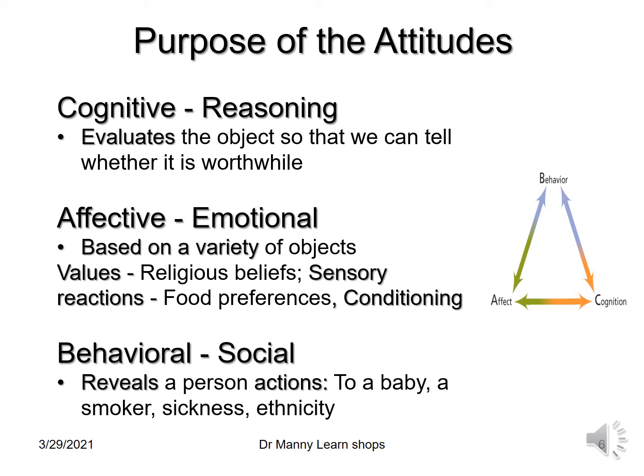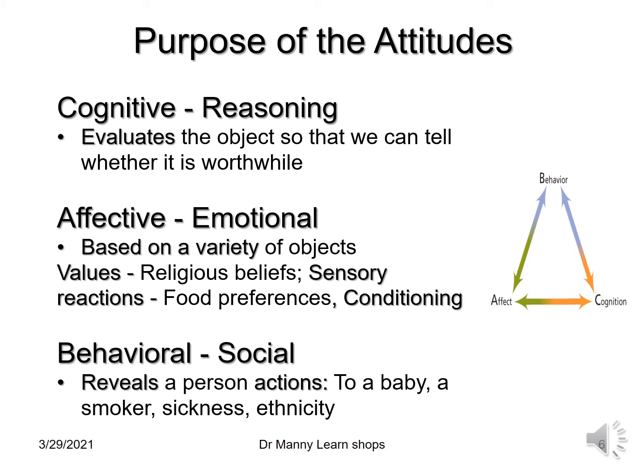So what's the purpose of the attitudes if we're using the ABC model? Well, the cognitive, the reasoning, it evaluates the object so that we can tell whether it's good or bad, whether it's useful or not useful, whether it's worthwhile.